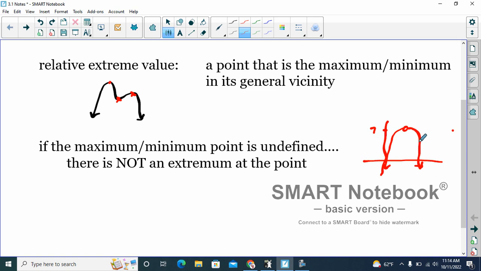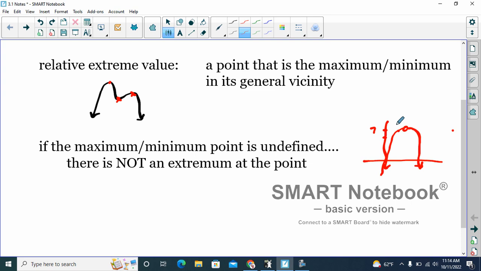Well, I can't say 7 is the absolute maximum because I don't have a point that has a y value of 7. But we also can't say 6 is the absolute maximum because there are points higher than that. And we can't say 6.9 because there are points higher than that, or 6.99. It gets infinitely close to 7 but never reaches it. In this case, we say there is no absolute maximum value.